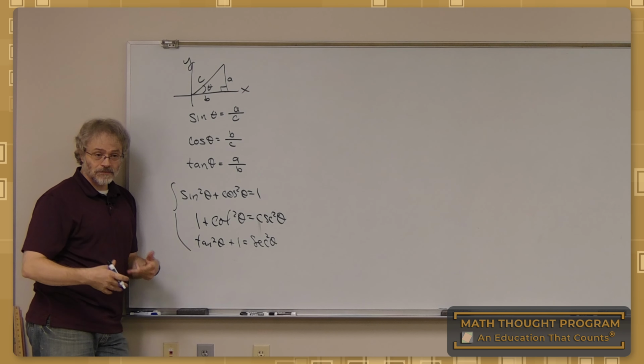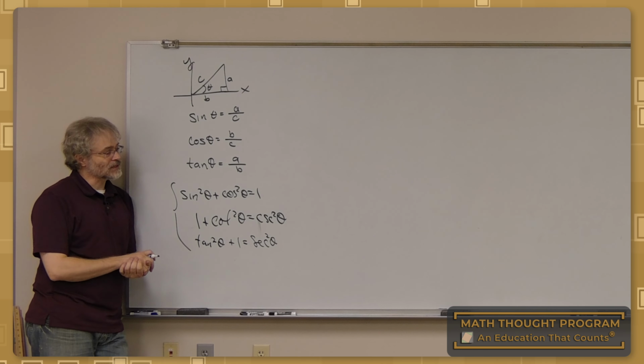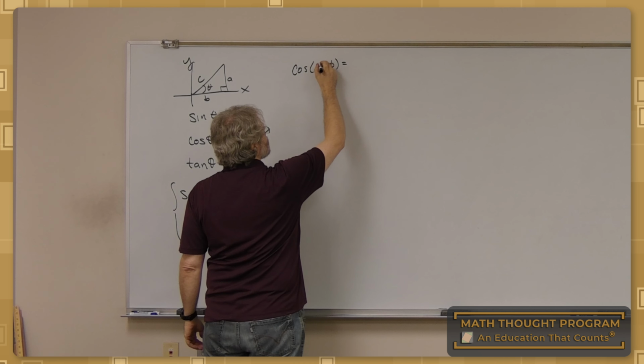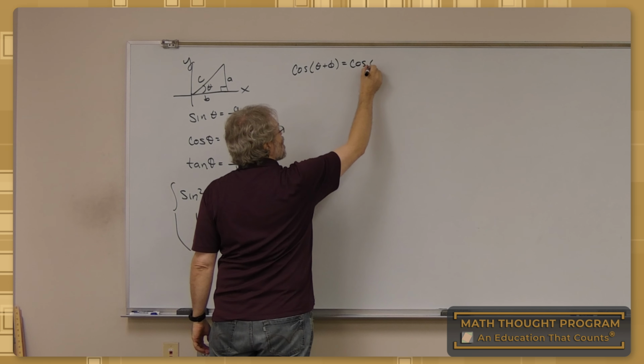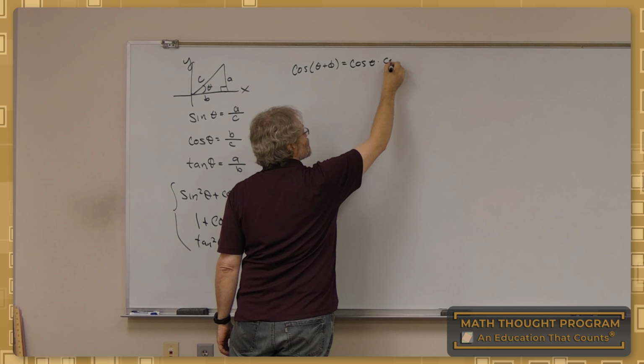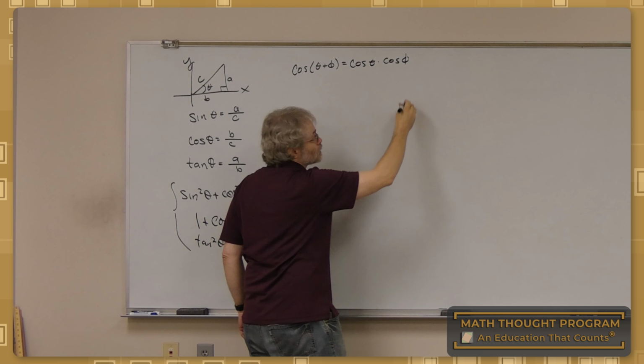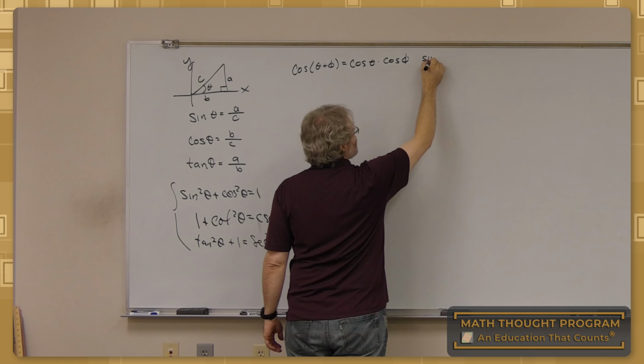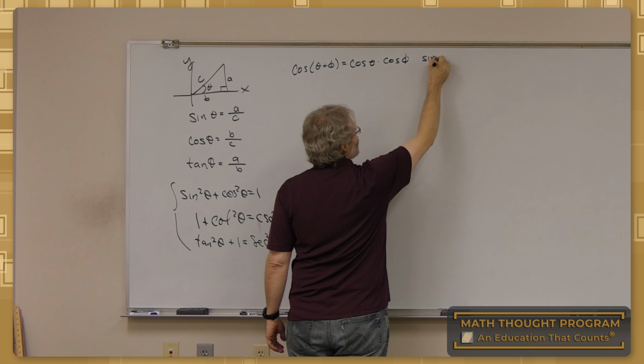We kept talking about some additional identities. And another one we did talk about was, what if I'm going to have cosine of theta plus phi? So we talk about the change in the angles. Okay. Well, this is going to correspond then to cosine theta times cosine phi, and you'll have a sine theta sine phi.